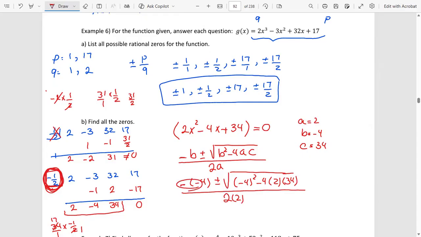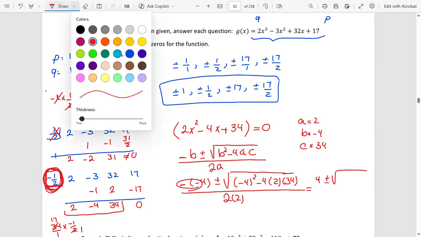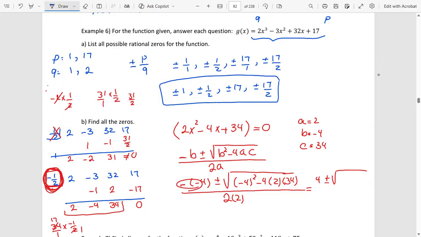Negative times a negative is positive 4, plus or minus. So let's see what's inside the radical. Inside the radical, I need to find the power. Negative 4 squared, which is negative 4 times negative 4, is positive 16.